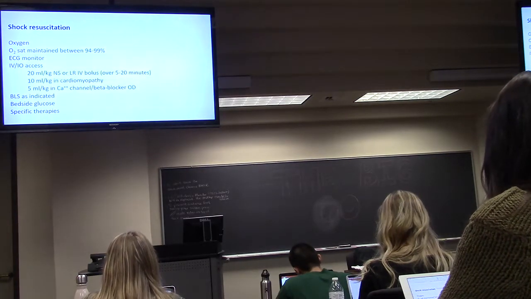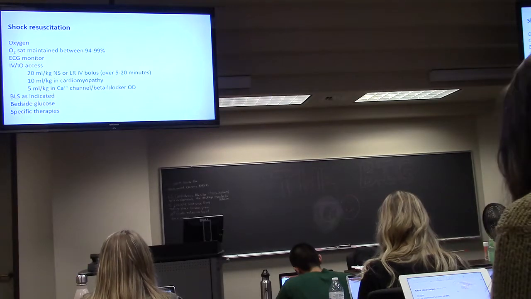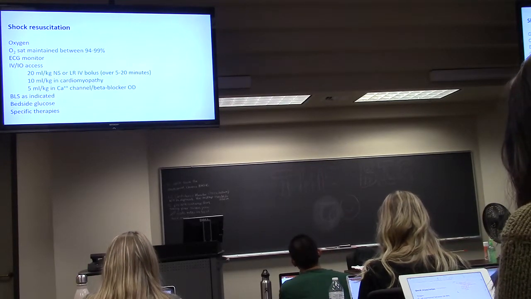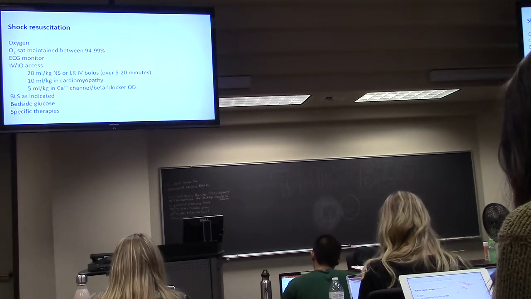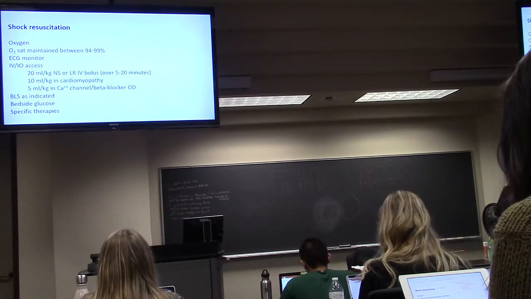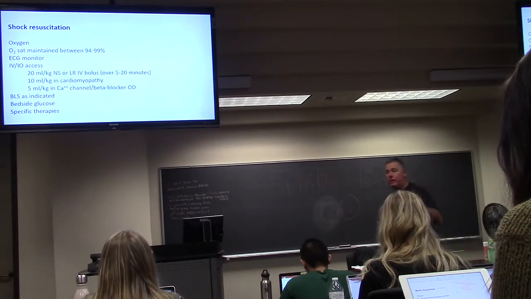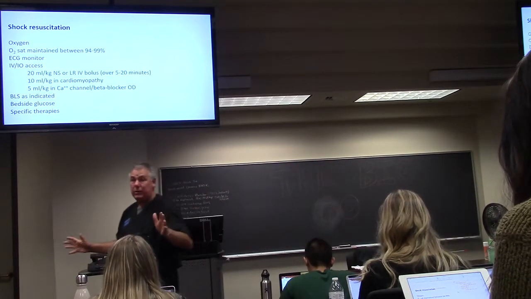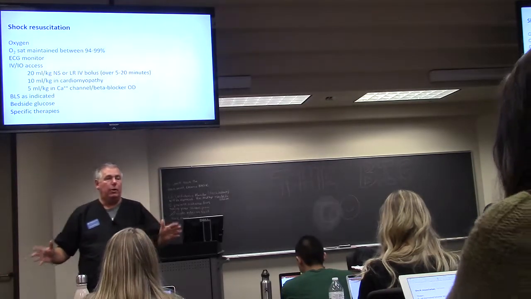What type of shock are you in? Is it cardiogenic? Is it distributive? Okay? If you're in shock, and that's the definition of shock, your systolic blood pressure is low.